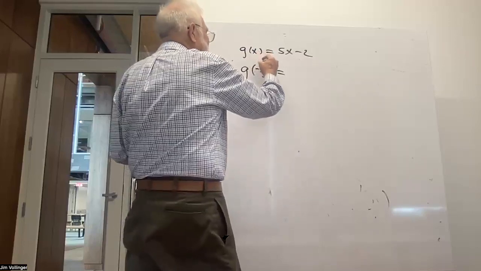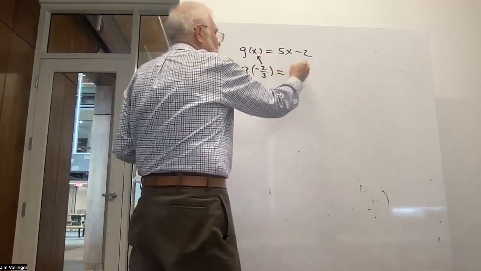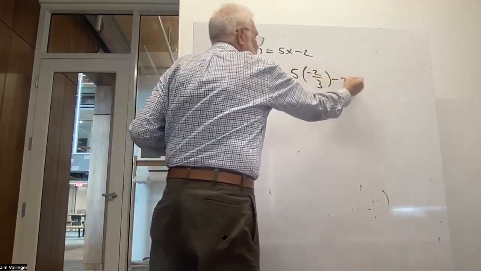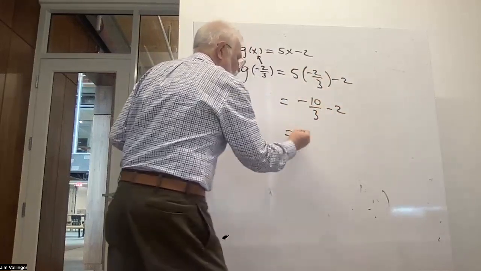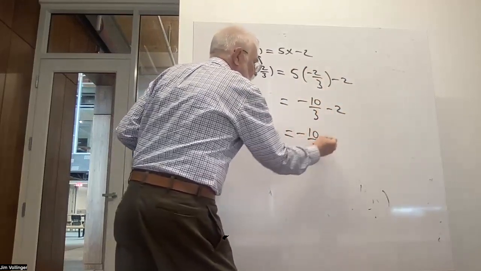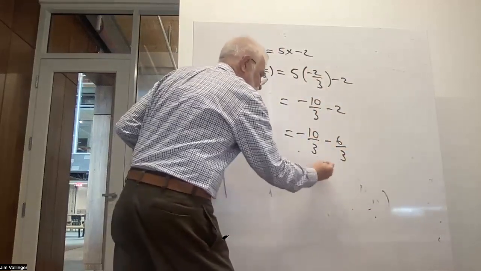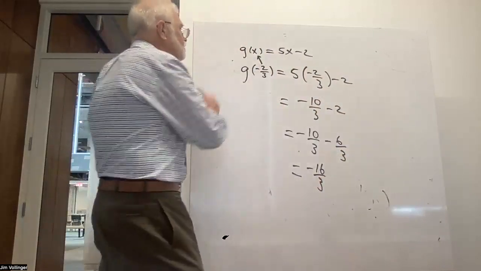I am now assigning the letter x a specific value. So I'm going to take that specific value and multiply it times 5, and then I'm going to subtract 2. So that's minus 10/3 minus 2, which is minus 10/3 minus 6/3, which is equal to minus 16/3. And you can pause that, look at it.